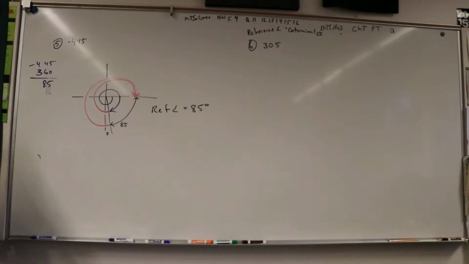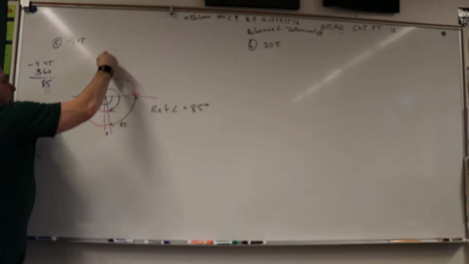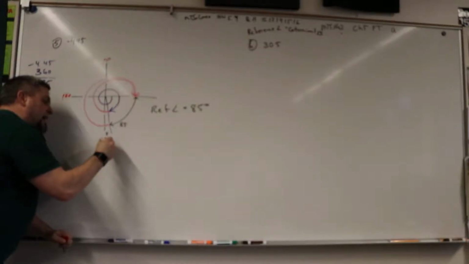Okay? So the coterminal is the one that completes you. If it's completing you, you know this is 90, and this is 90 more to 180. So how much to get to here? Well, that's 90 more, 270.